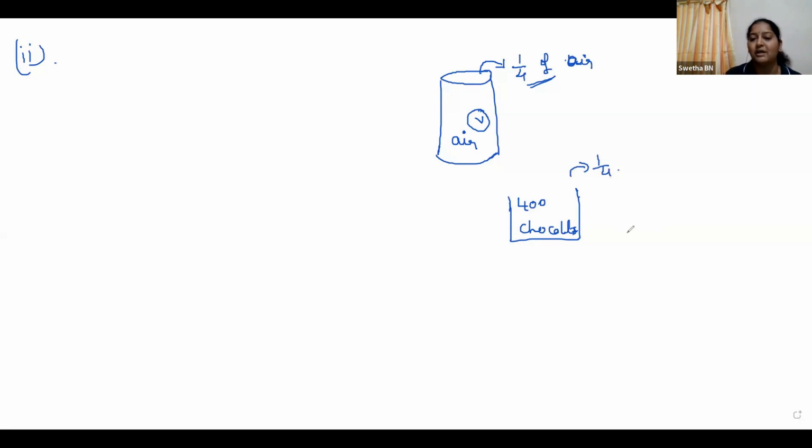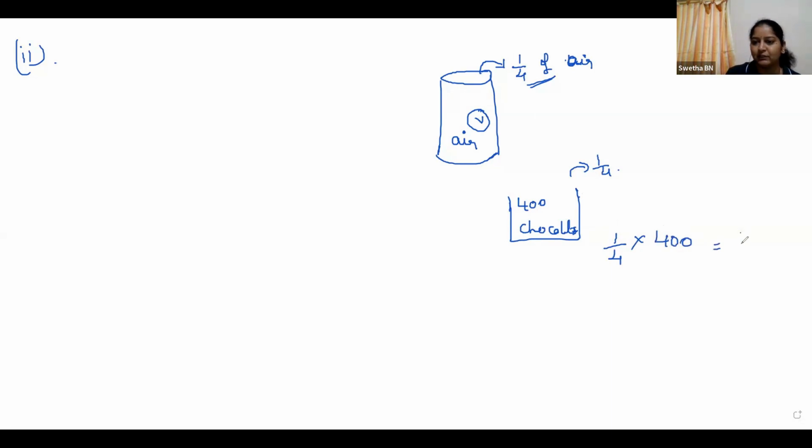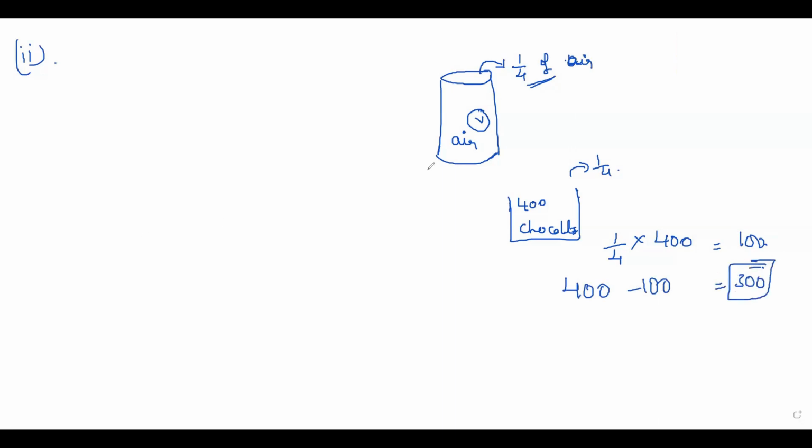So 1/4 of it means how many will you remove, Panchami? You have to take out 100. How will you find this? 1/4 of 400 is equal to 100. If you remove 100, 400 minus 100, how many will remain in the box? 300.